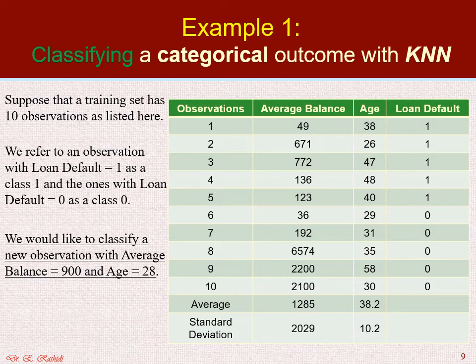And the bank would like to classify a new observation, a new applicant, with an average balance of $900 and an age of 28. So here we want to use the KNN algorithm to make a classification based on these two features, the average balance of $900 and age of 28.